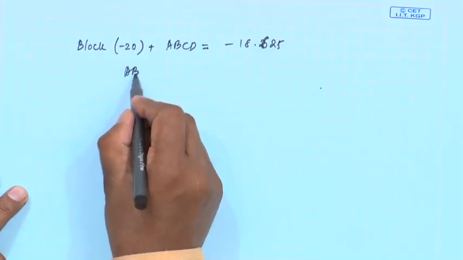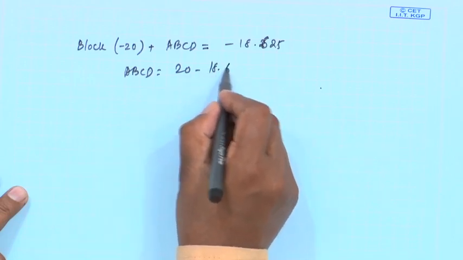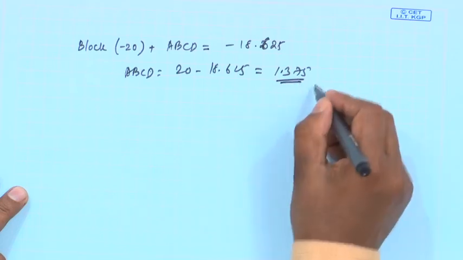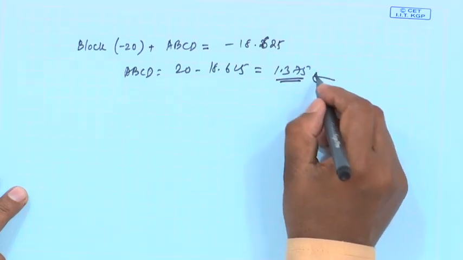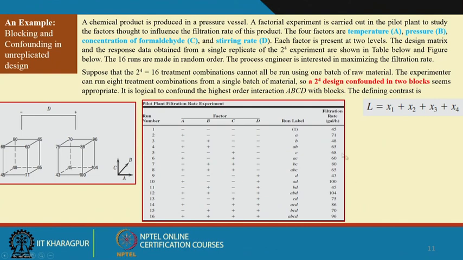Then what is the ABCD effect? It is 20 minus 18.625, which is 1.375. This is what we obtained in the earlier example using this data set, single replicate case.